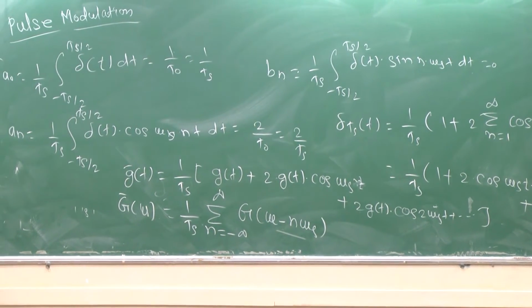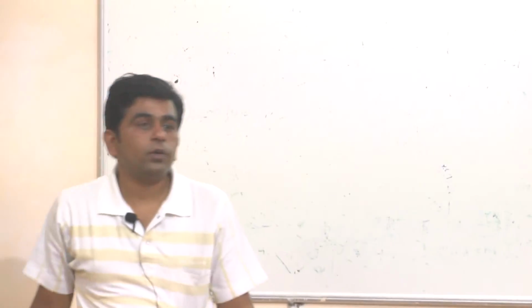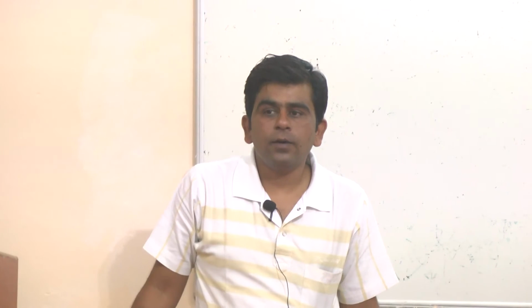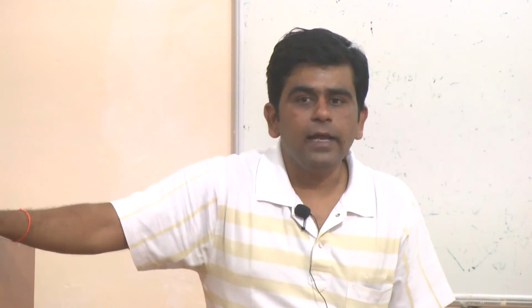So we can represent this in the frequency domain, that is capital G of omega bar is equal to 1 by Ts summation over n is equal to minus infinity to infinity of G of omega minus n omega s.